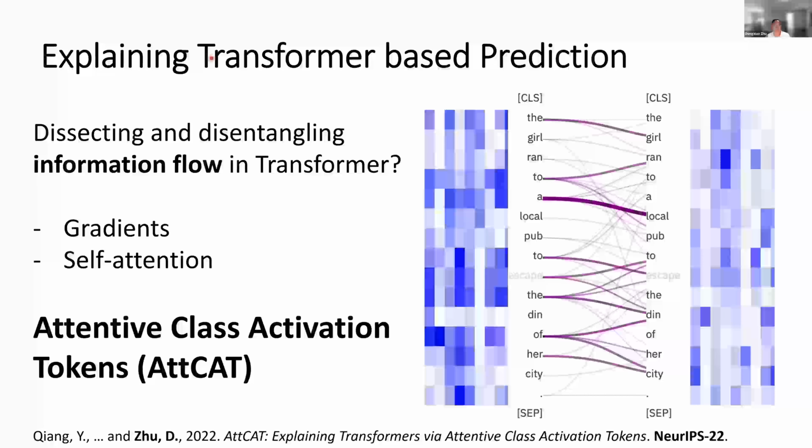We also expanded the approach to language domains. We try to find out what the best explanation methods are for transformer-based models. We try to dissect the information flow in the transformer using the gradient and the self-attention, combining both. This is another work we recently published at NeurIPS.